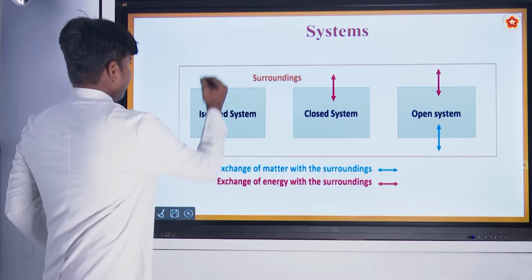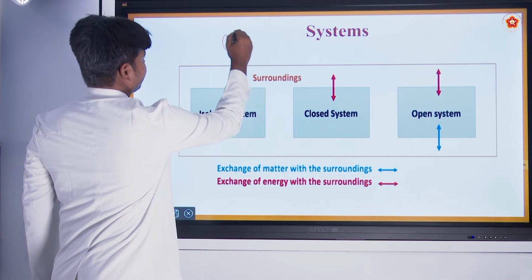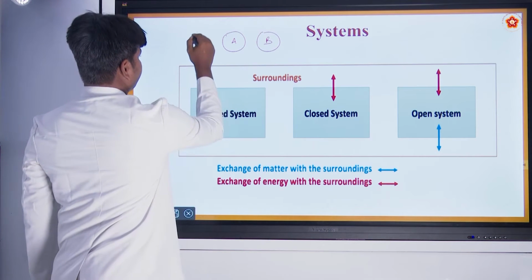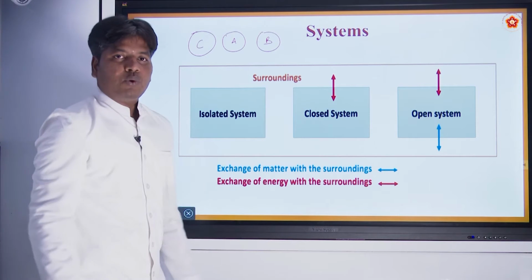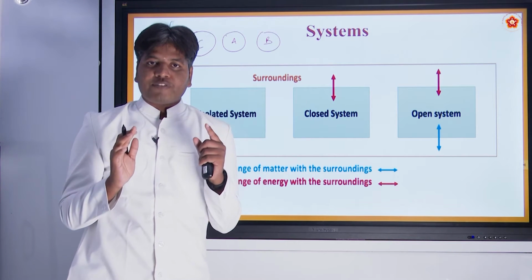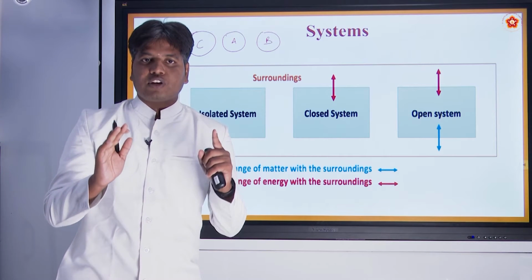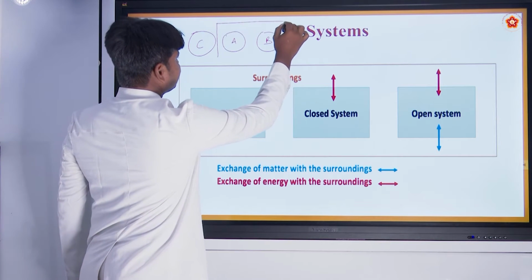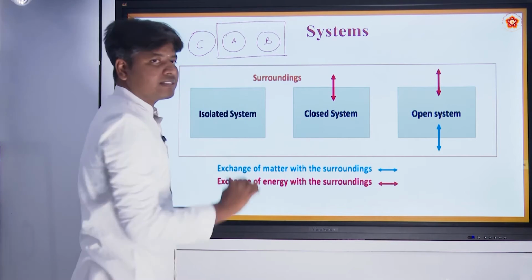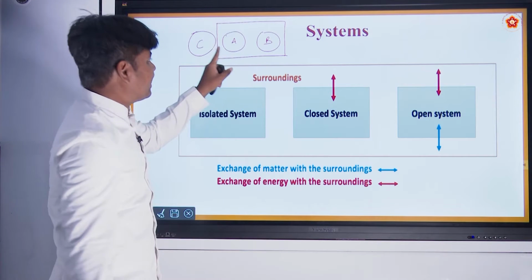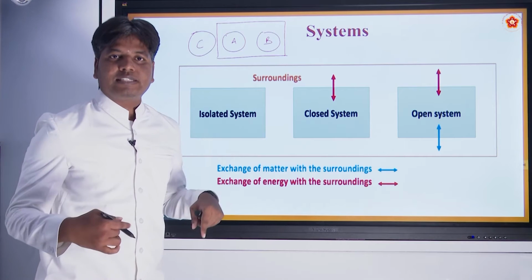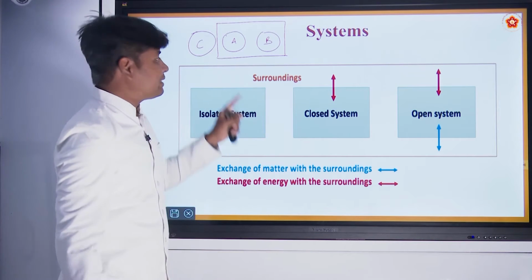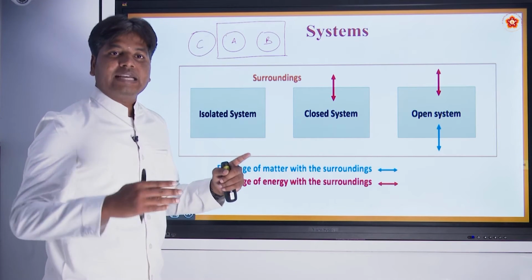For example, you have body A, body B, and also body C. Our area of interest is to study the behavior of bodies A and B. So we will have an imaginary boundary in our mind to make the system of object A and object B. Now our system is AB, and C is an external object of the system.